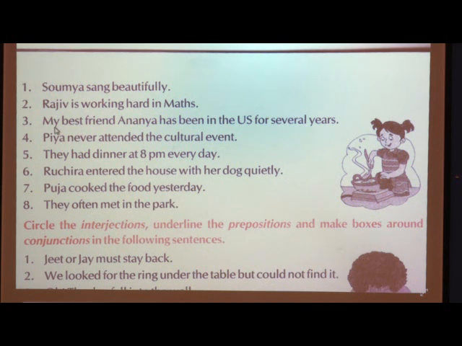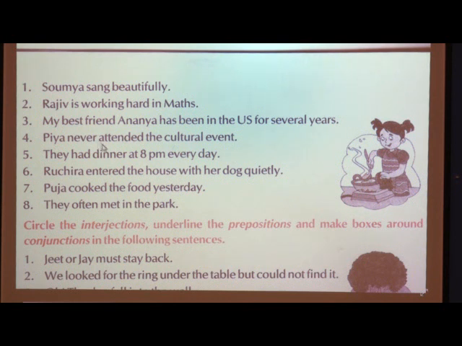Next, the third one: my best friend Ananya has been in the US for several years. Which is a verb over here? Yes, has been. So, underline these words, has been. And the adverb is several, because it is telling for how many years she was in the US. Next, the fourth one: Pia never attended the cultural event.